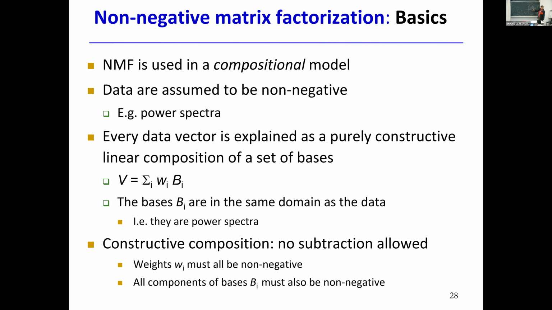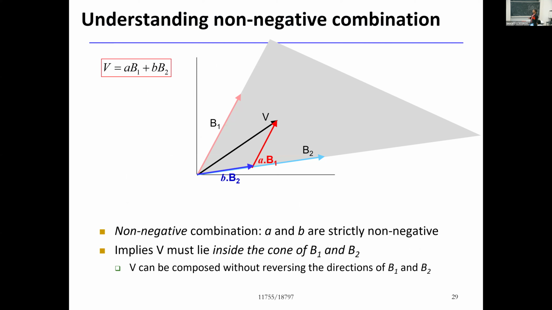It will lie strictly inside. The moment you have something outside, the only way to get there is to go up this way and come back this way, which means you're multiplying the bases by a negative value, right? So non-negative combinations basically say that all the data lie within a cone, where the cone is composed by the outermost of the bases.